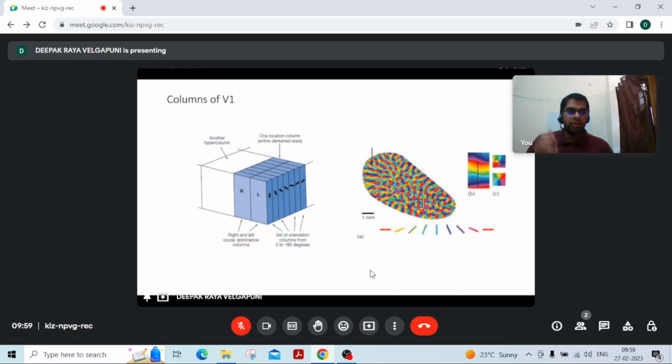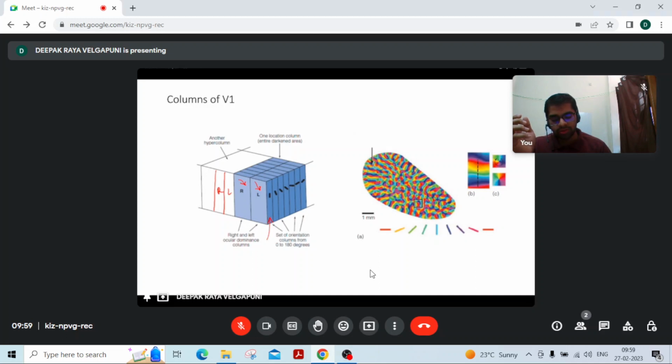Similar to how you see layers coming from different eyes in the LGN, you have something similar here, alternating between left and right eye. This gets input from the left eye, this gets input from the right eye, and you have different layers again, left eye, right eye. This way the columns are there, and each column has a particular orientation selectivity.